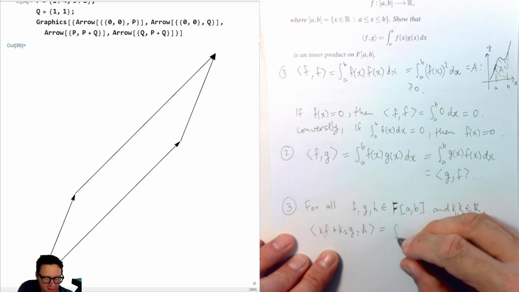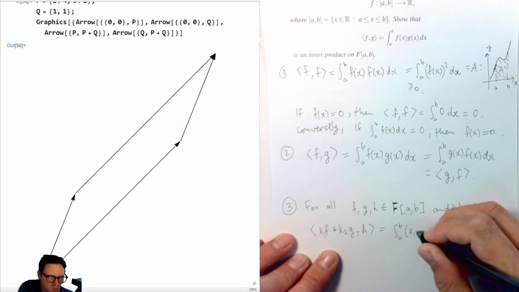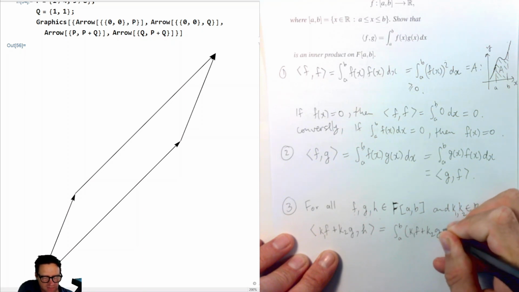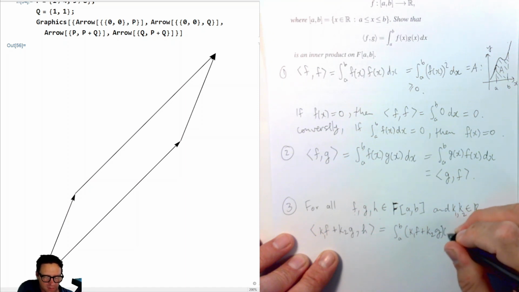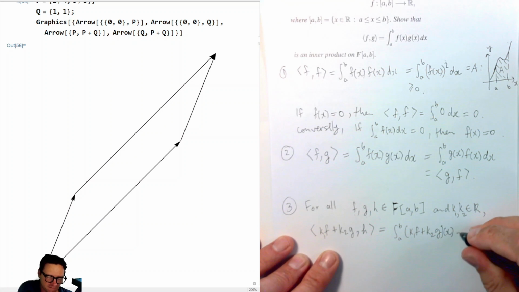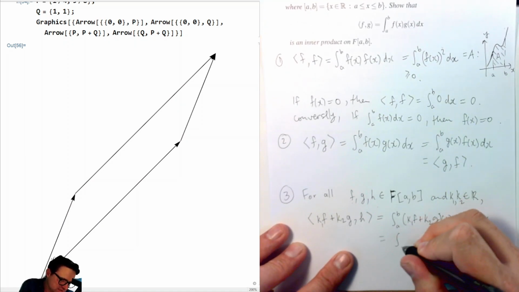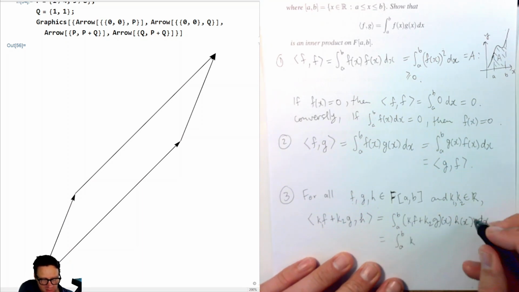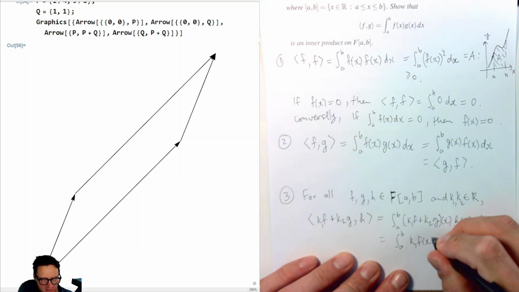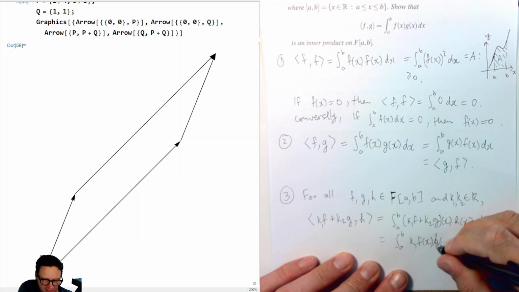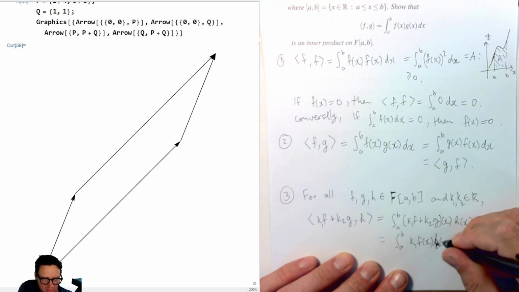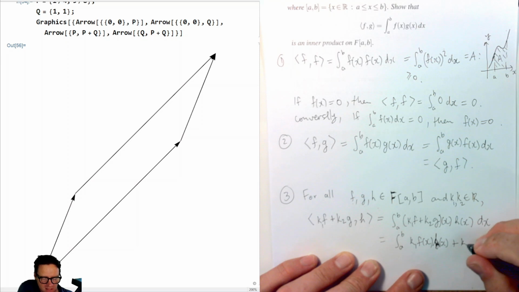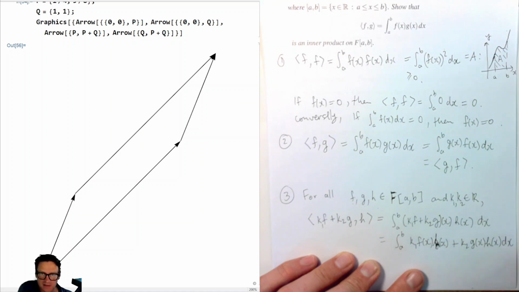equals the integral from a to b of (k1 f plus k2 g) applied to x, multiplied by h of x with respect to x, is equal to, well, we just multiply this out and we've got k1 f of x times h of x plus k2 g of x times h of x, and then integrate.